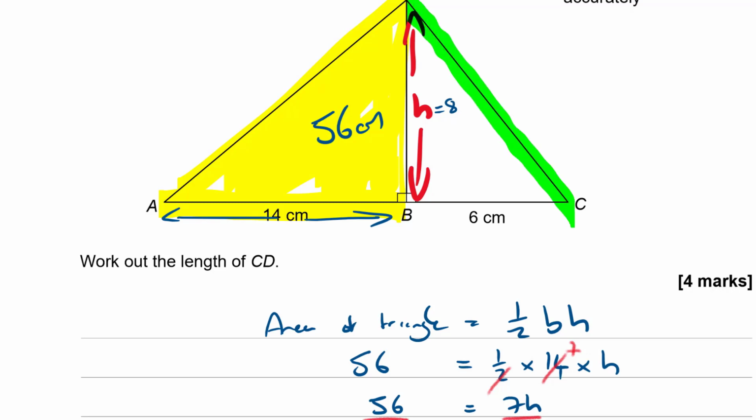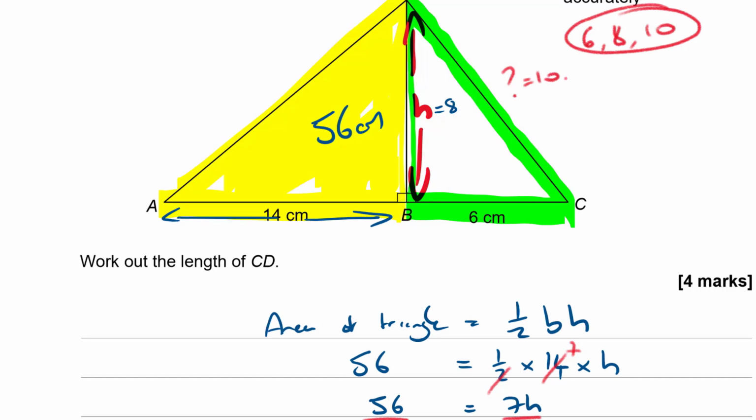Okay, now looking at the right triangle, that has got a length of 6 and a height of 8. So I want to know the hypotenuse of that right angle triangle. Now you can do this with Pythagoras Theorem. I already know the answer because I know that 6 and 8 goes with 10. Okay, so I know already that it's 10 because I know what are the Pythagorean triples.